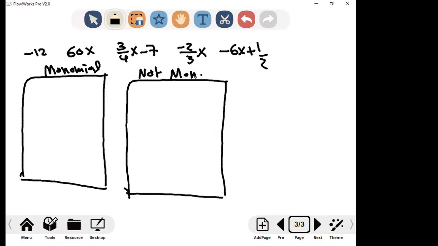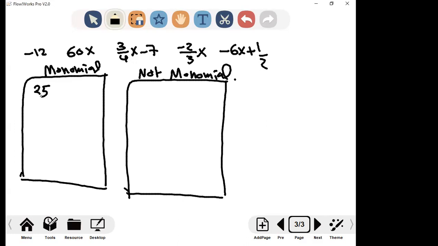Negative 12. The book put two examples here, 25.